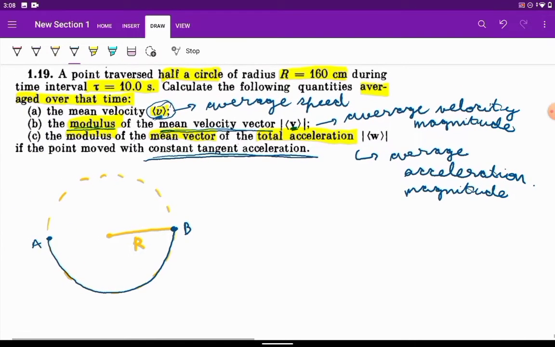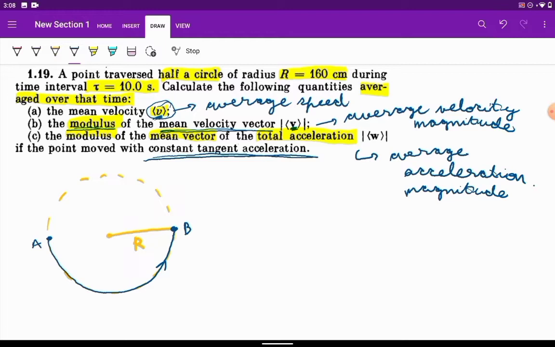Whenever it says traversed half a circle, it means that it is going through the perimeter of the circle and goes to the diametrically opposite point, then only it is covering half the circle.